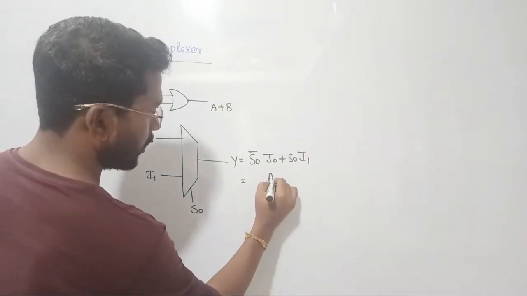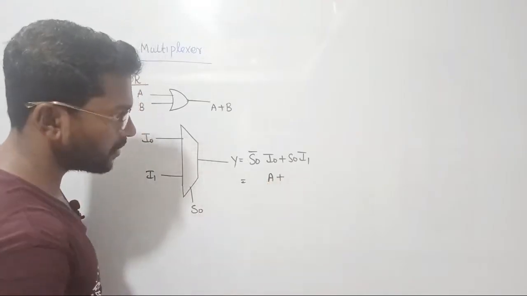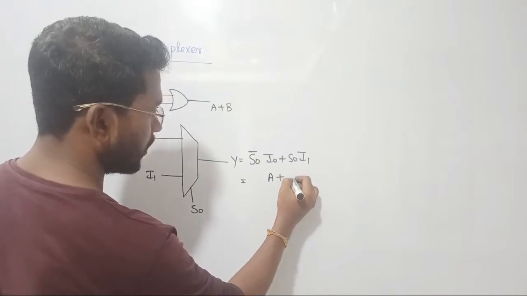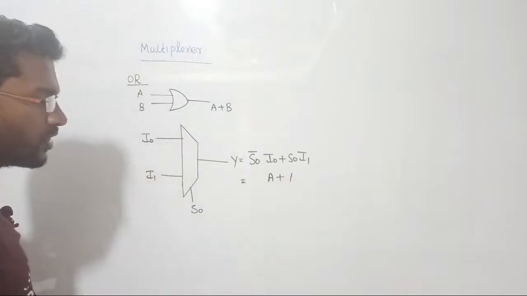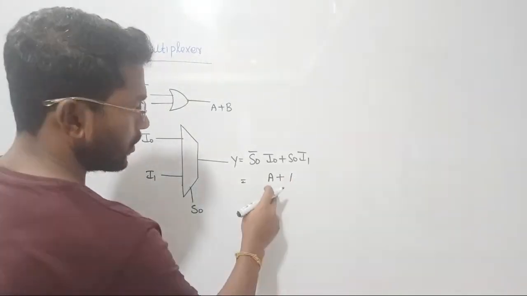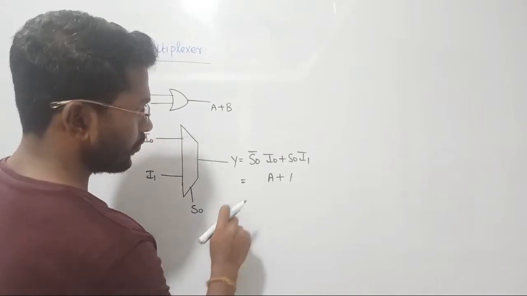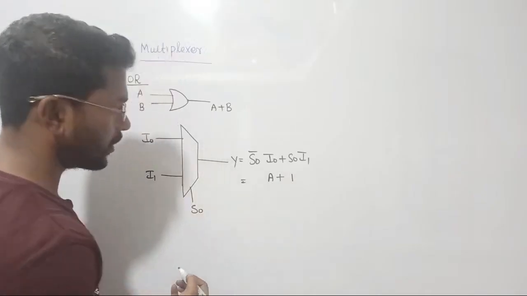Suppose if I am putting A here, then automatically what will happen? A plus, if you are putting A, this is going to be A, yeah. Here also if I will put, no, that is not good actually. A plus A is going to be, shall we put S0 equal to 1? Yeah.